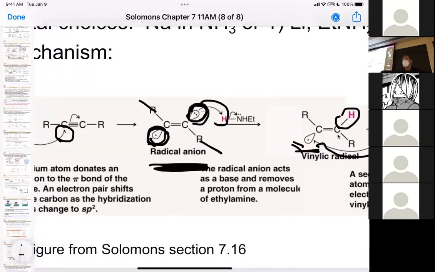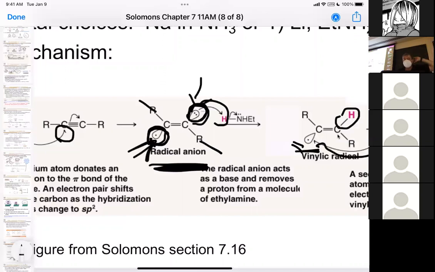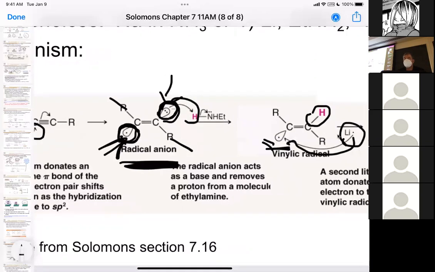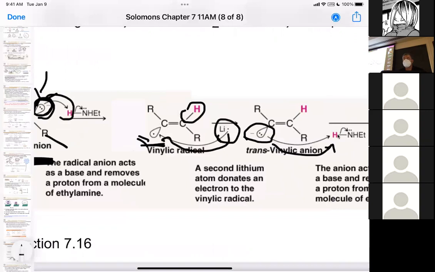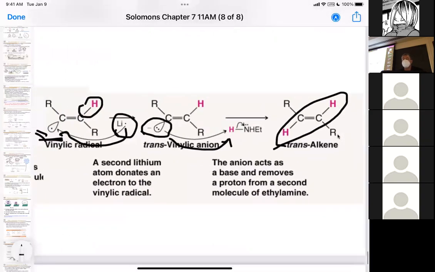Going from sp to sp2 turns it into a trans radical with two p orbitals with electrons in them. Then we transfer one hydrogen, transfer another electron, and then that other hydrogen. So you always get this trans alkene.